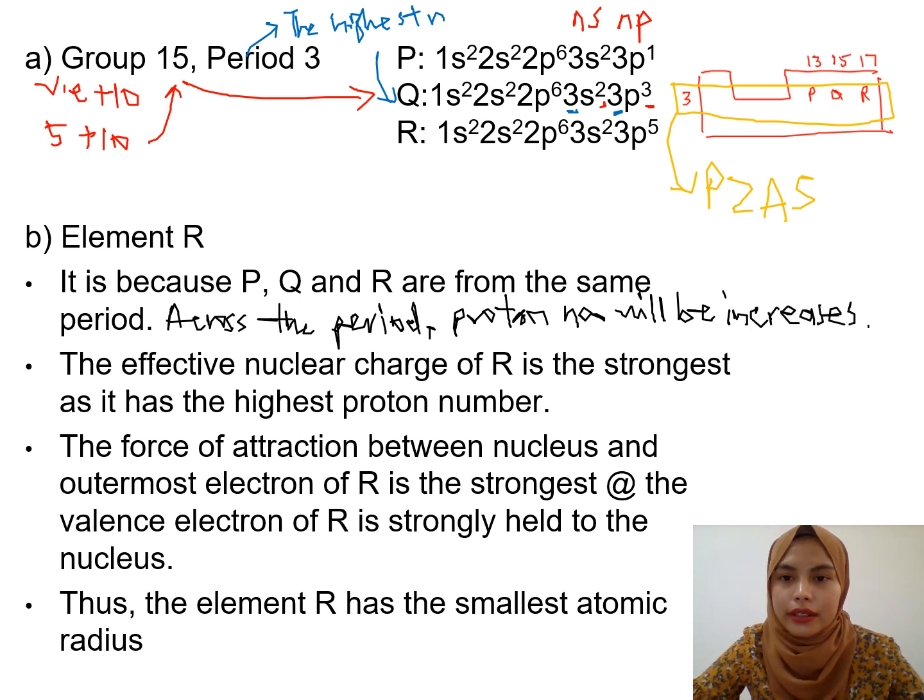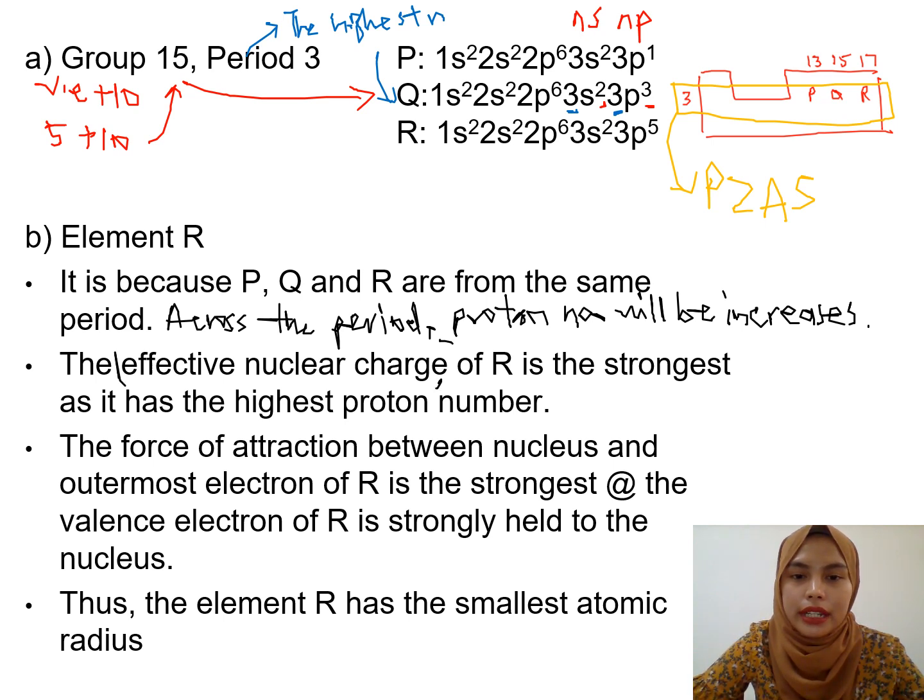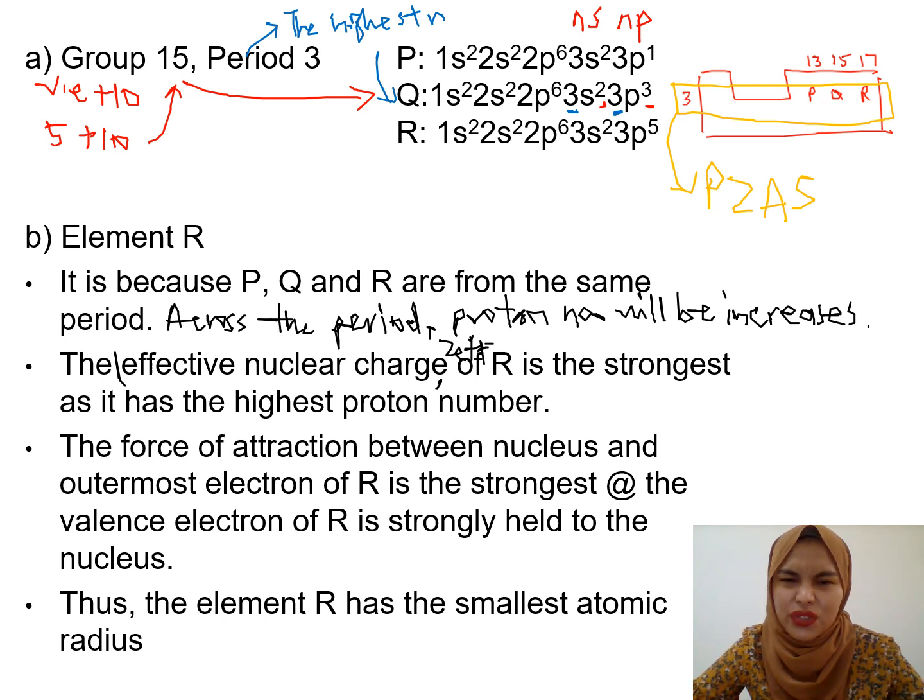So bila proton number increases, the effective nuclear charge ataupun ZEff, okay, ZEff of R will be the strongest, as it has the highest proton number.